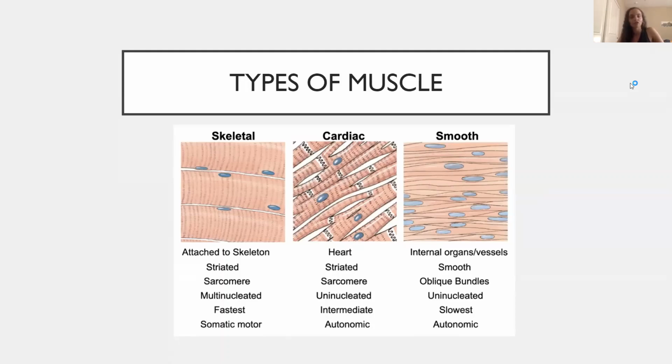The speed of contraction is fastest for skeletal muscle and slowest in smooth muscle. Cardiac and smooth muscle are both regulated by the autonomic nervous system, the involuntary parts of your brain, whereas skeletal muscle is under voluntary control, the somatic motor division of your nervous system.